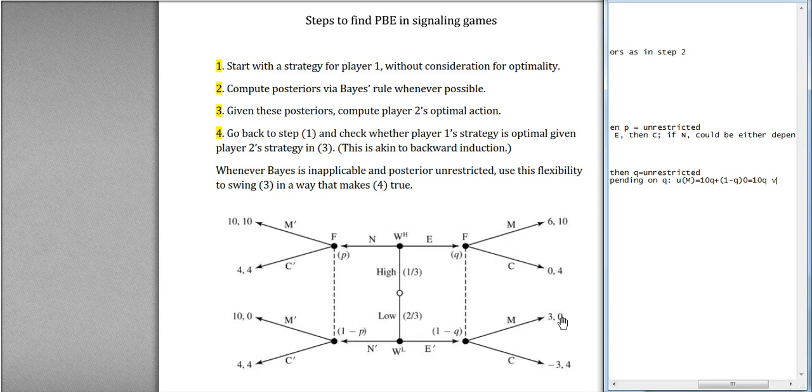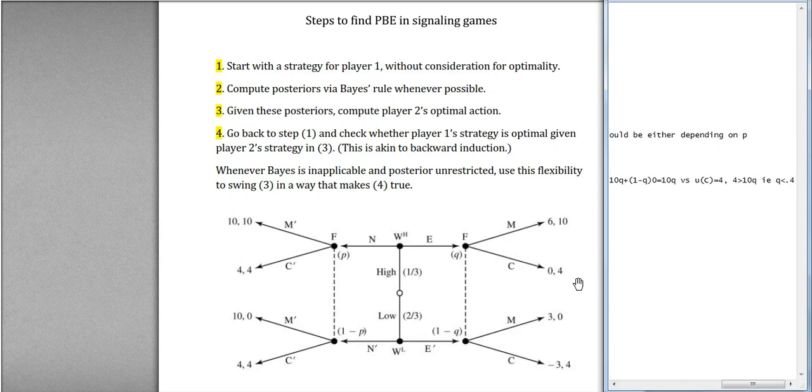On the other hand, the expected utility to the firm of making a job applicant a clerk is what? Is 4 either way. And so as we discussed, we need to make sure that a clerk is best, and so we're going to make sure that 4 is better than 10Q. Which is to say that Q has to be less than 0.4.